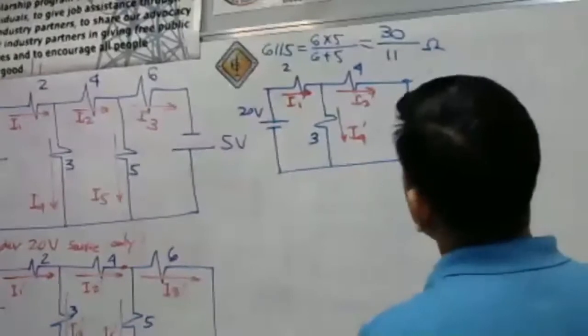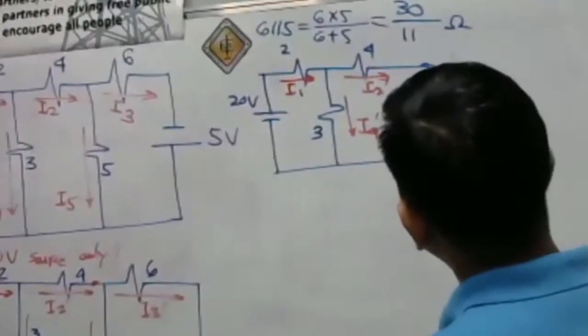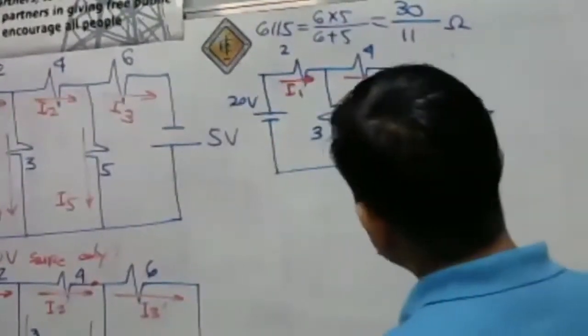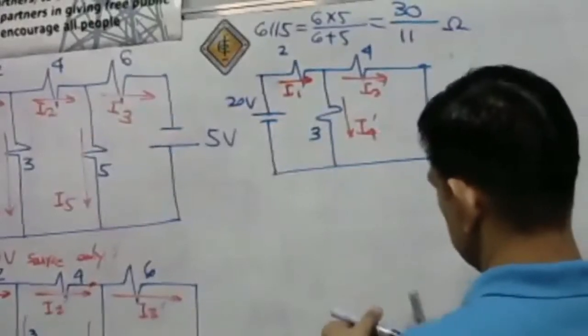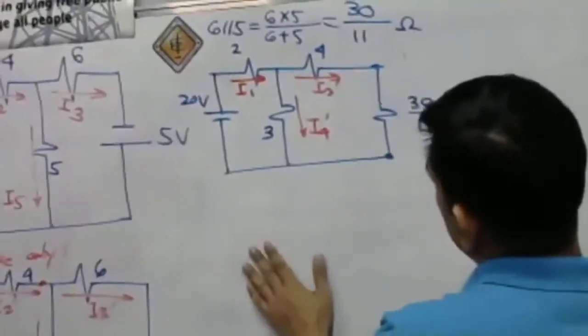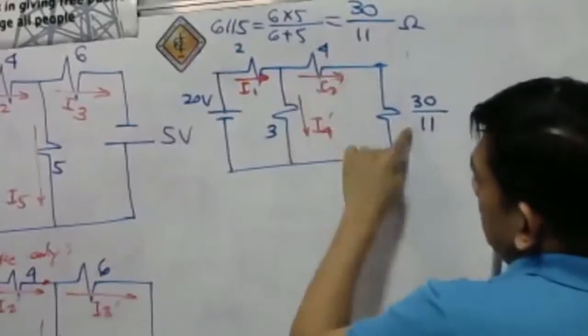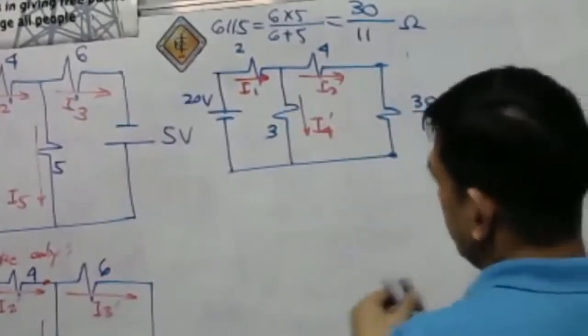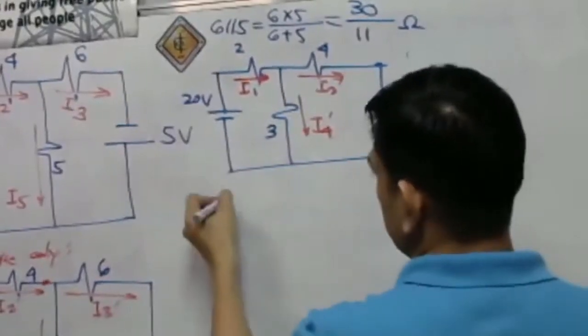Take a look here, guys. So let us calculate now. These two are connected in series, right? The 4 and the 30 over 11. We can still simplify this.